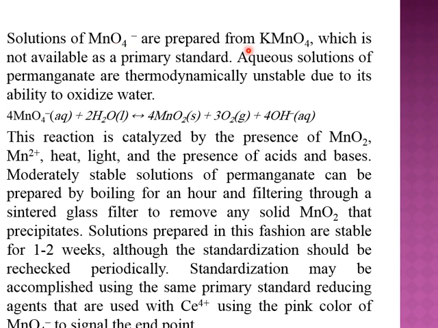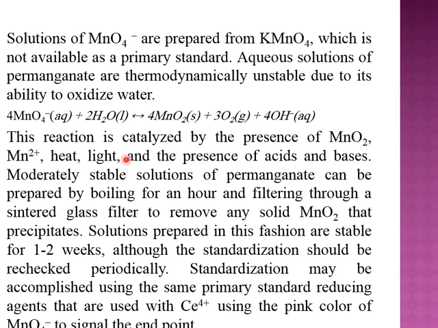Permanganate solutions are prepared from potassium permanganate. It is not available as a primary standard, so it needs to be standardized, and it is a thermodynamically unstable solution. Aqueous solution of permanganate is unstable due to its ability to oxidize water to produce MnO2. This reaction can be catalyzed by the presence of MnO2, Mn+2, heat, light, acid, and base.